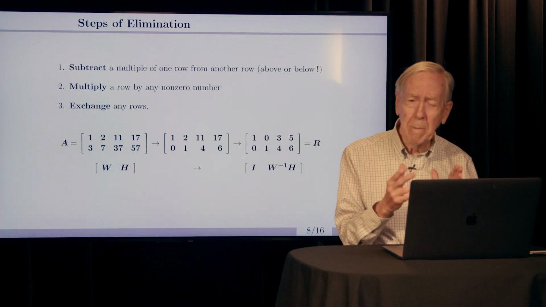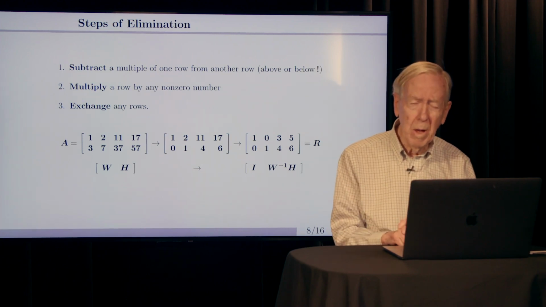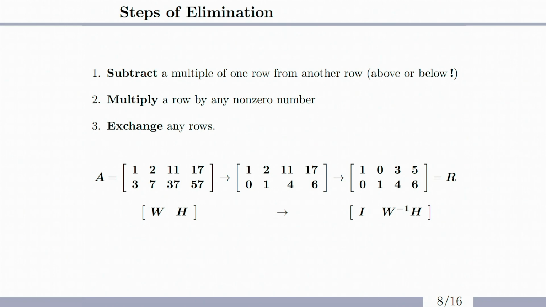We don't want to mess up the equation AX equals 0. I'm operating on A, but I'm not creating or losing any of those solutions. So if I subtract one row from another row, or any multiple of one row from another row, that's the main operation of elimination, and obviously the equations are still true.